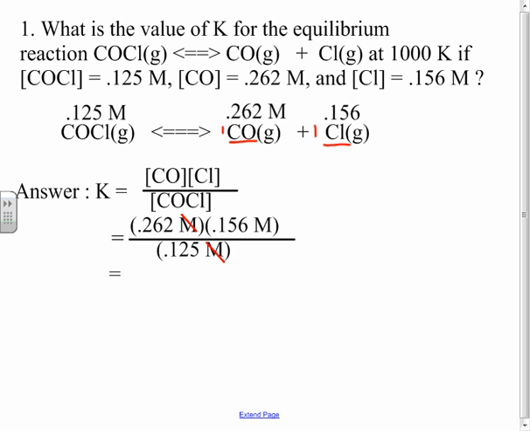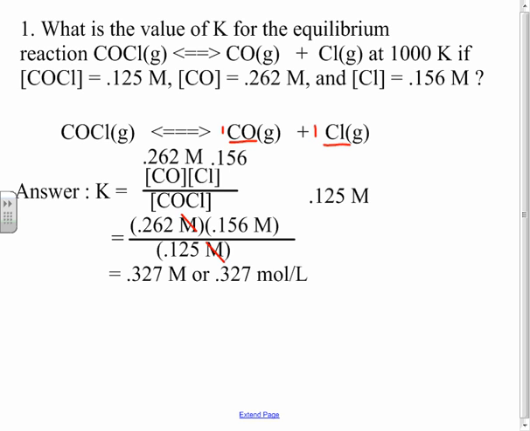So this is going to be 0.262 molar. This is going to be 0.156 molar, and the reactant is going to be 1.25 molar. So we've just taken those numbers, plugged them in, and the value comes out to 0.327 molar, or 0.327 moles per liter. But it's just plugging numbers in and solving.